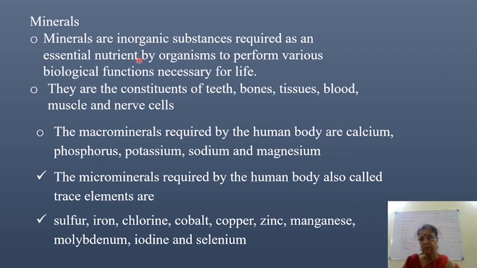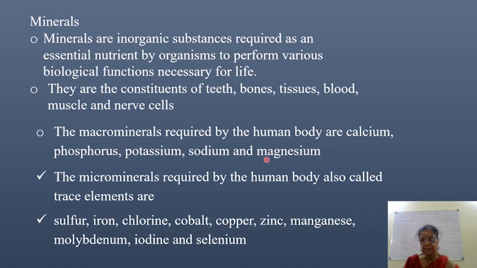Similarly, minerals are also required in very minute quantities, but they are inorganic substances, and they are also essential for biological function. They are constituents of teeth and bones, calcium, tissues, blood, muscles and nerve cells. Right? Then there are 2 categories, macro minerals and micro minerals. Macro minerals are calcium, phosphorus, potassium, sodium and magnesium.